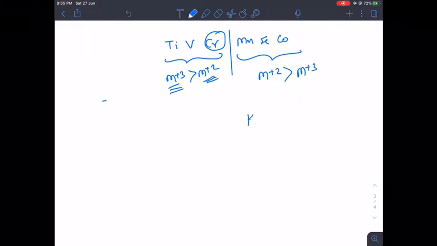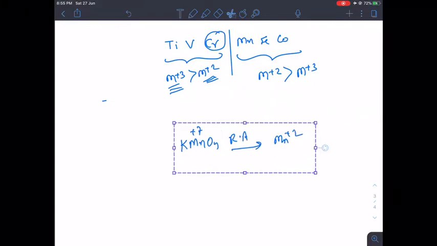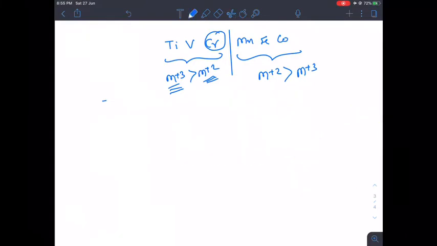When KMnO4, which is plus 7, is treated with any reducing agent, although that depends on the medium also, in the acidic medium it goes from Mn plus 7 to Mn plus 2. With the help of that you can remember that its plus 2 is more stable than plus 3.